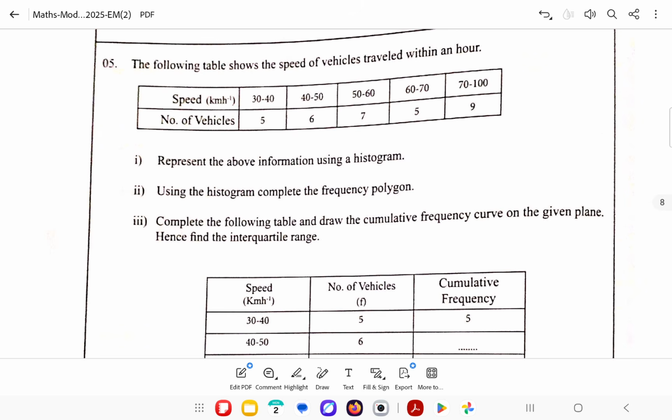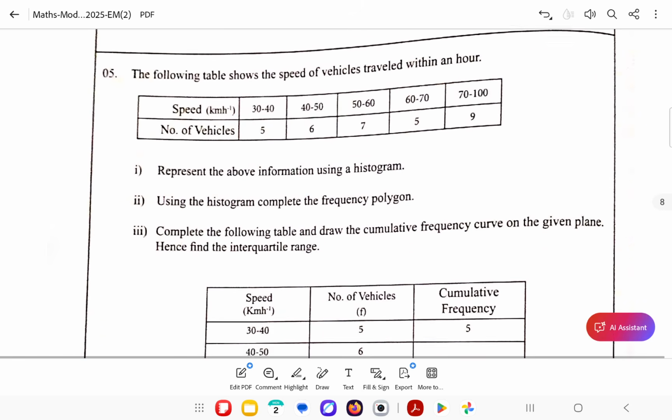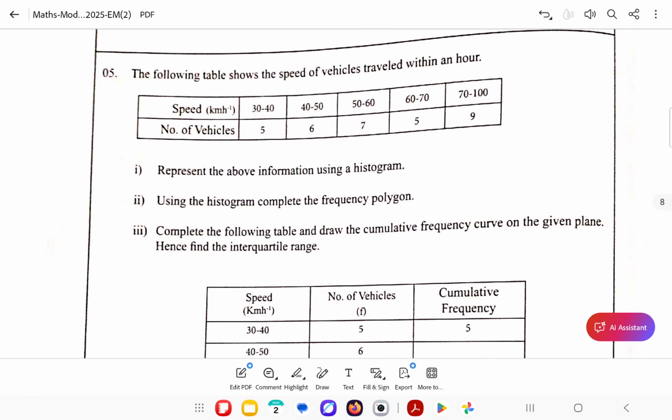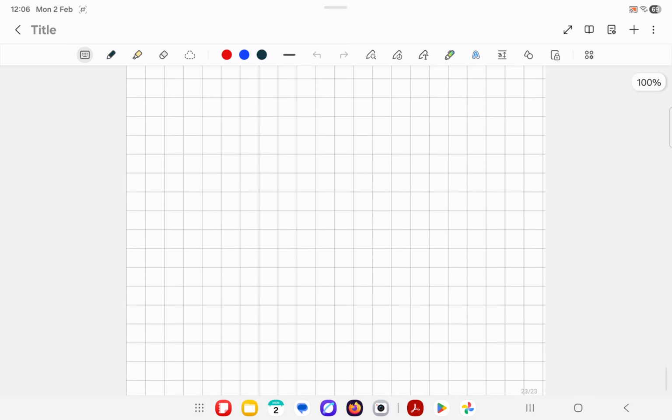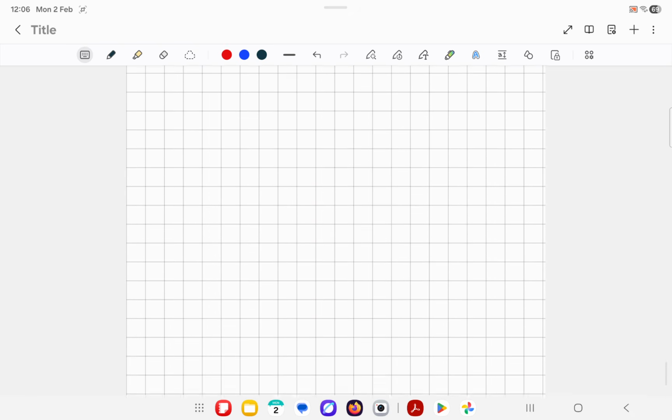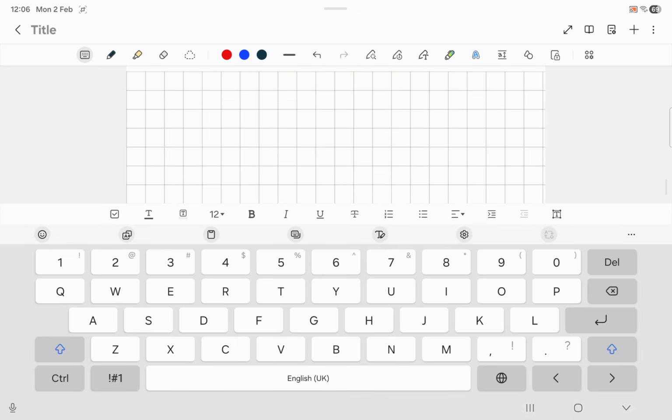Right, so we need to draw a histogram for this data.